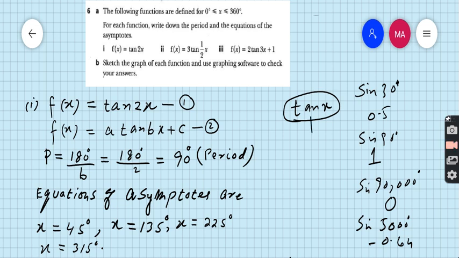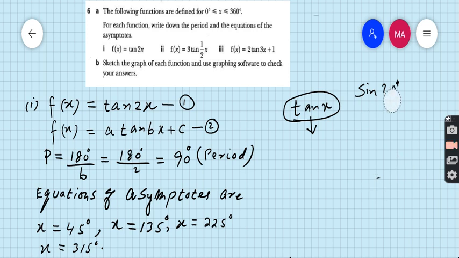But for tan x, the value can be greater than 1, greater than 1000, greater than 5000, any value. Another difference which I told you: the maximum value of sine is 1.